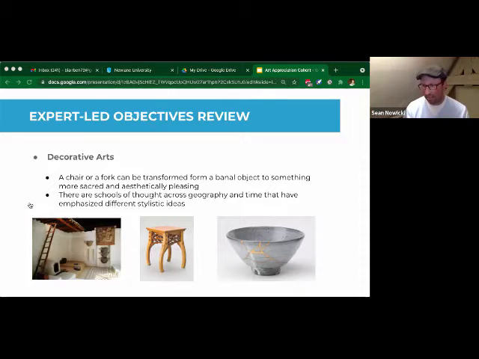There are design manuals. There are all of these things about specific kinds of designs. And so across time and across geography, there are different styles that pop up. And these styles basically make ordinary things more interesting.